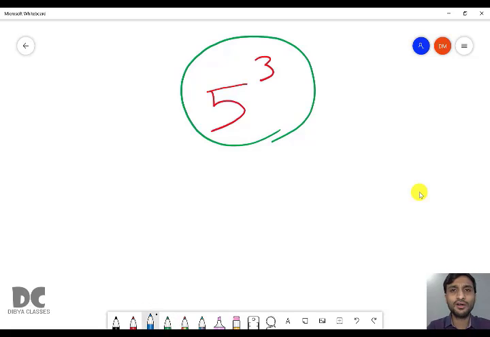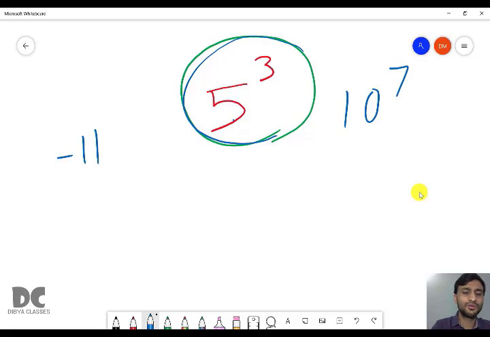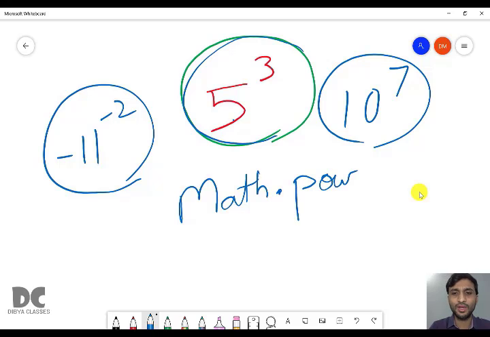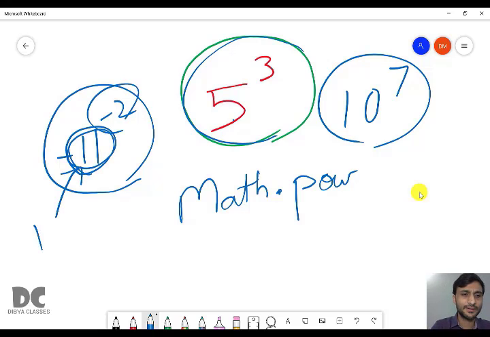The mathematical function to do this type of thing, that is 5 to the power 3 or 10 to the power 7 or minus 11 to the power minus 2, cannot be written on the keyboard directly. So for that we have to use a math function, and that is Math.pow, where pow is the short form of power. This is called the base and this is called the power.